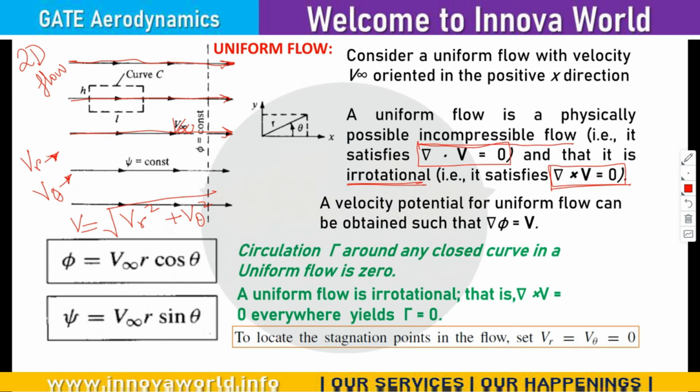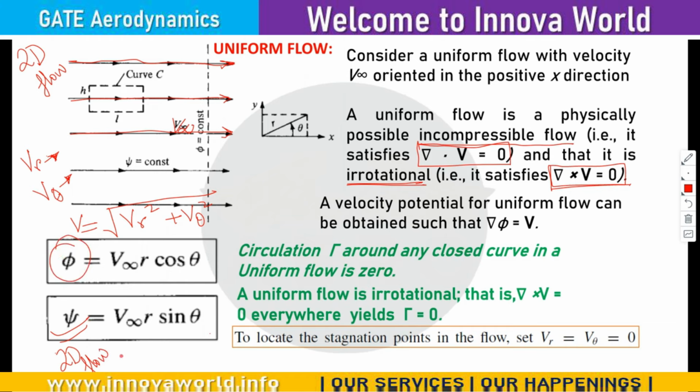The stream function, that is psi, is for 2D flow, and the velocity potential, that is phi, is for 3D flow.